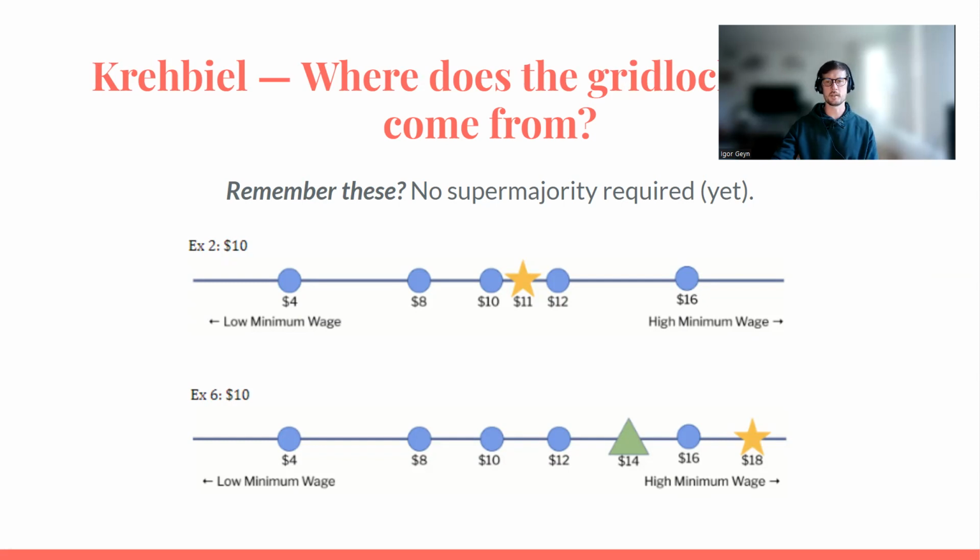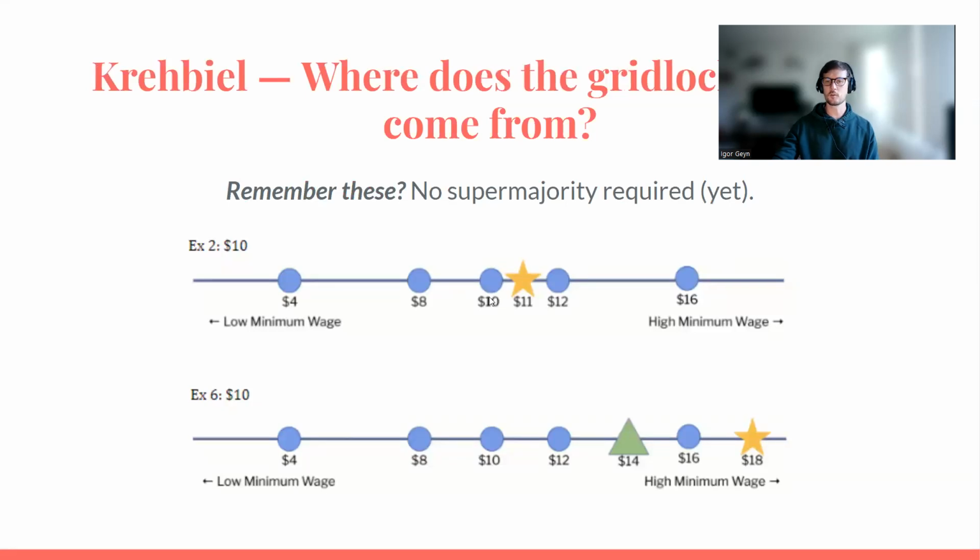So what do we see here? Remembering that each of the blue dots is a senator, and that the golden star in the middle here is the status quo, the existing policy. What happens when the status quo is 11 and we have no presidential veto and no supermajority pivot? Well, it's actually quite simple.